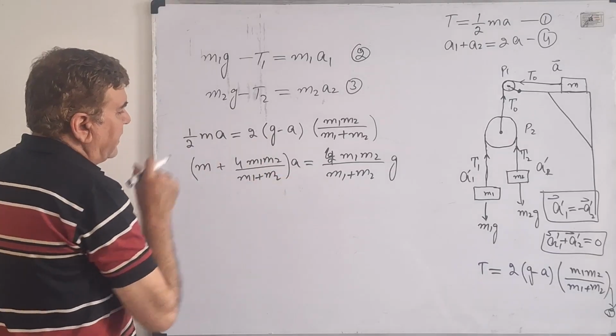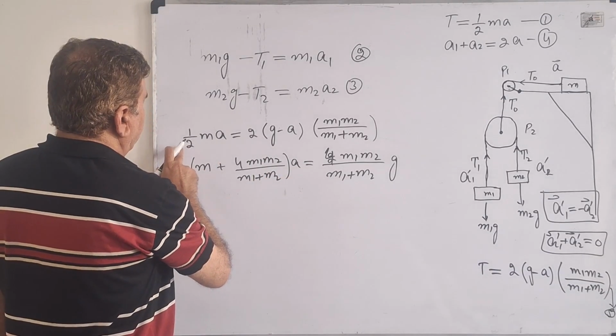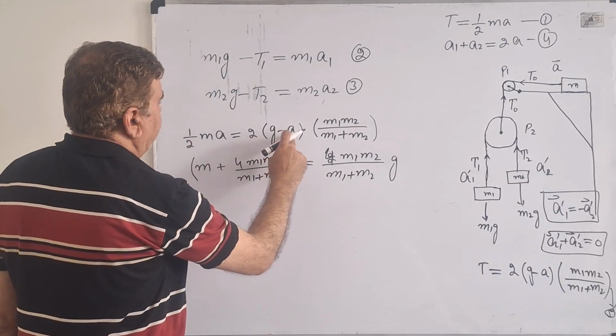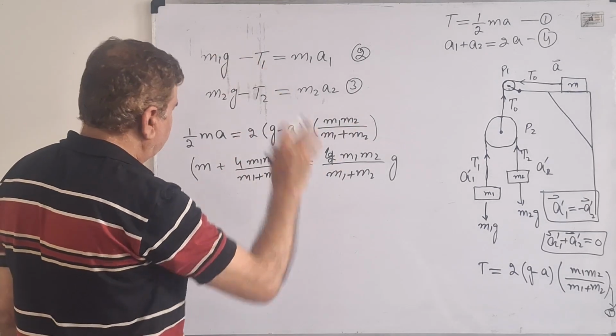Let me check, am I doing this correctly? I first multiply with 2, this becomes m, this becomes 4, and if I take it to this side, yes, that is correct.